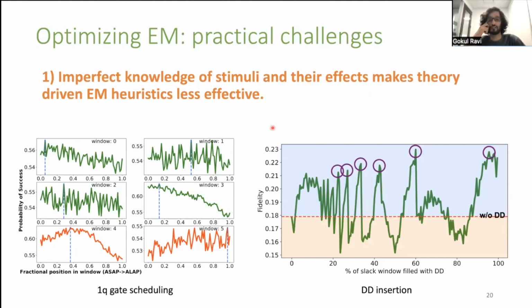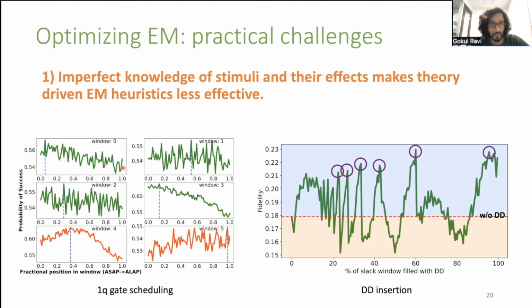Yeah, to reinforce that point, if you look at these figures to the left, you can see that even in just one circuit, we observe how the fidelity changes when we move the gates around in these idle windows, right? So you can see that in window 0, putting our gate right at the beginning, that is close to this 0, gave us this maximum fidelity.